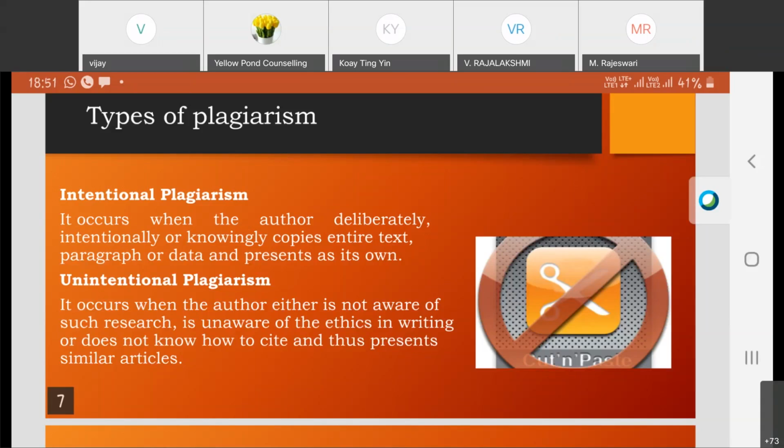Then the next thing, sir, can you please move the slide? The next thing is copy-paste. Here, we know the pictures, sentences or paragraphs.